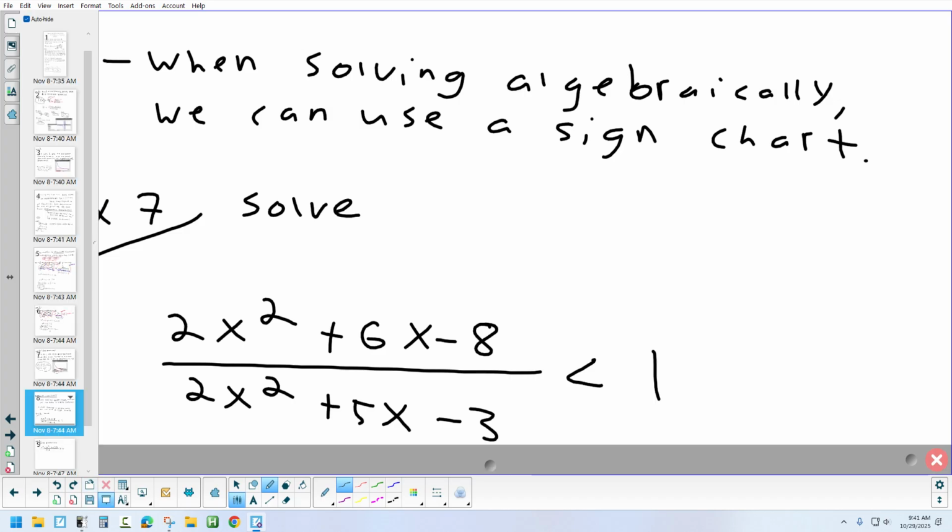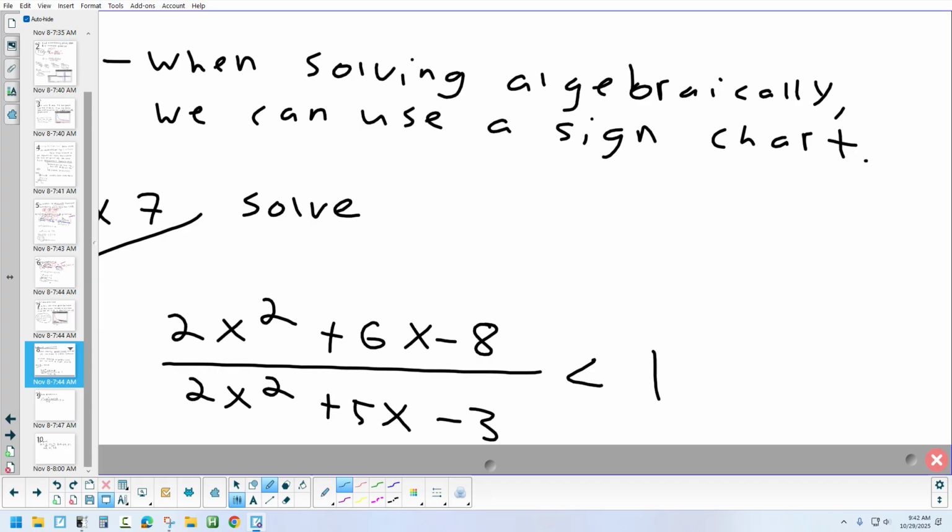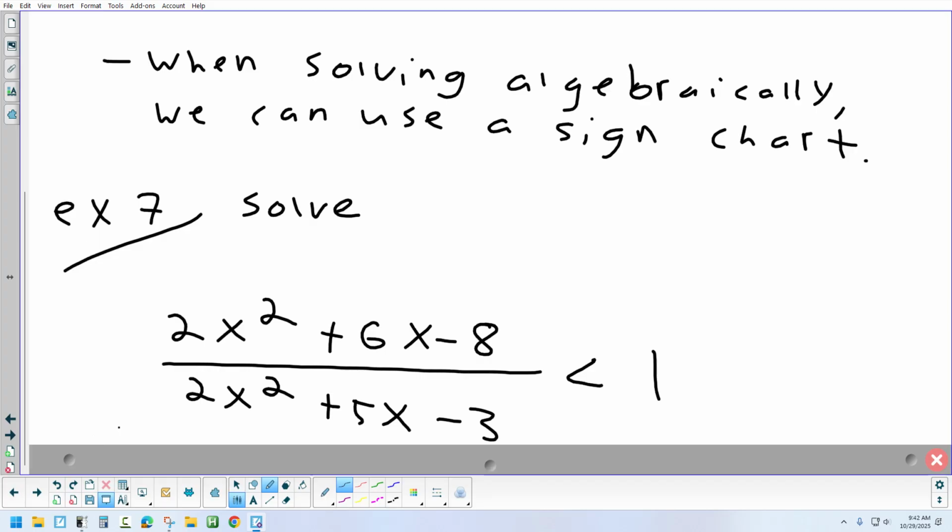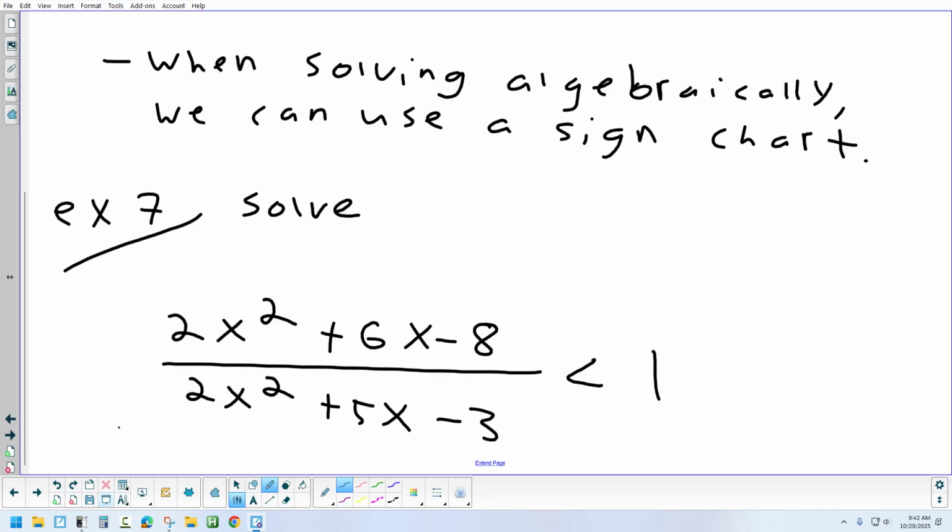All right, so let's take a look at this one. So we got 2x squared plus 6x minus 8 divided by 2x squared plus 5x minus 3 is less than 1.